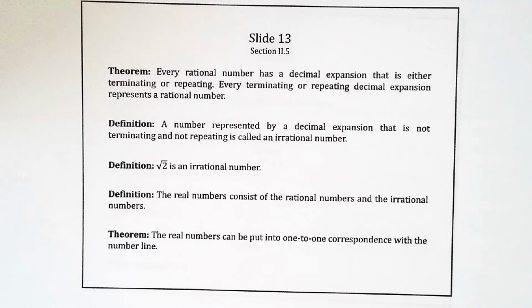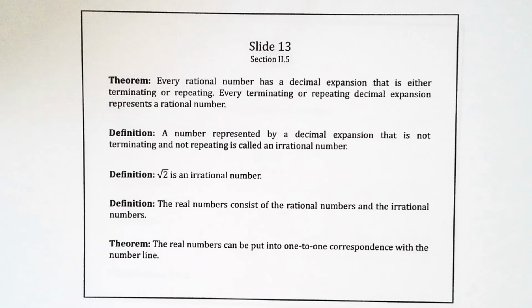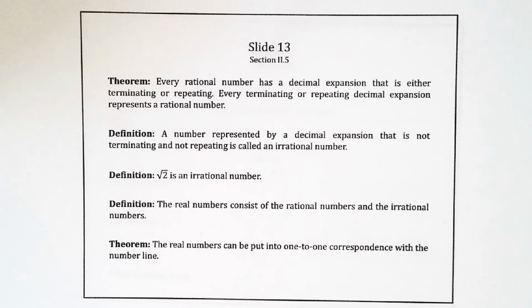So the real numbers, taken all together, consist of all the rational and all the irrational numbers. So if we basically take all the decimal expansions, the repeating ones, the terminating ones, the non-repeating ones, those all together make up what we call the real numbers.